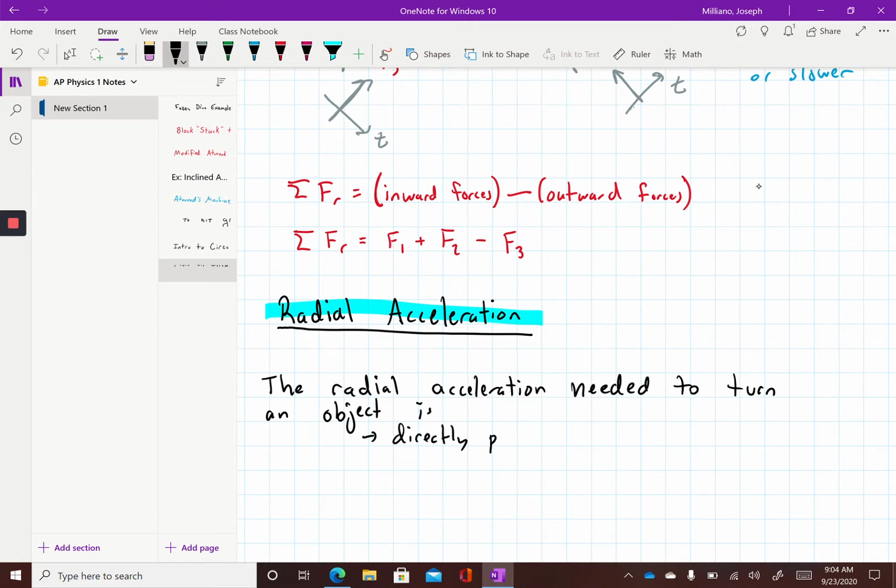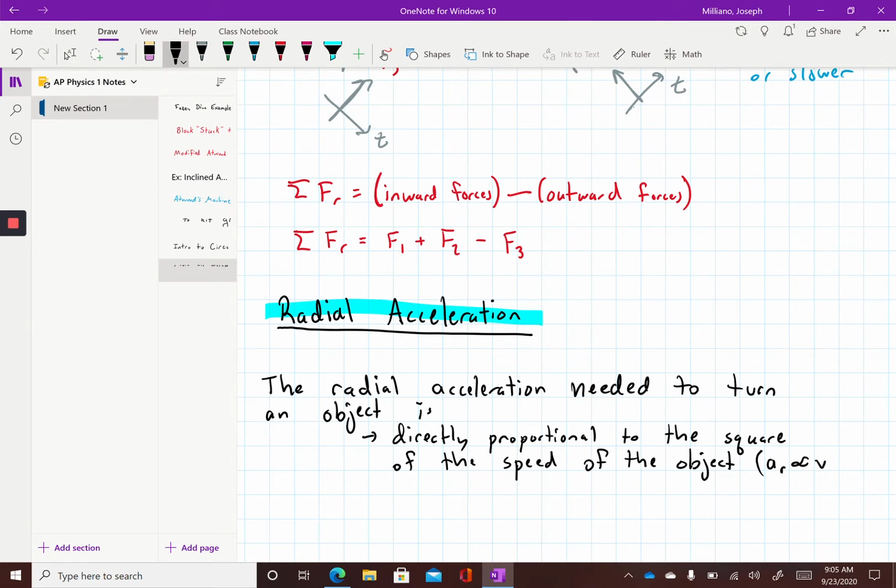Directly proportional to the square of the object's speed. In other words, that radial acceleration is proportional to speed squared.